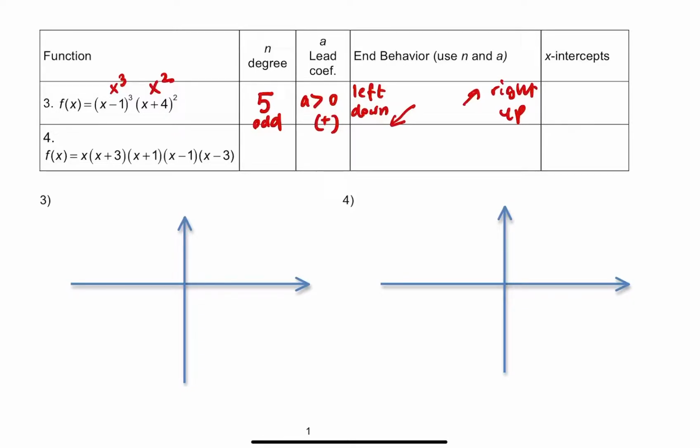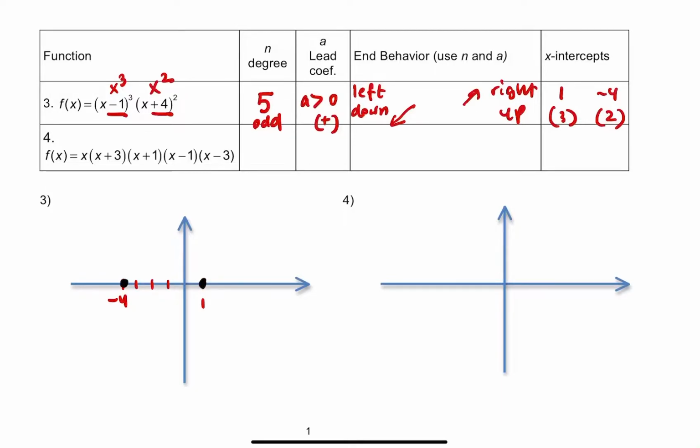And the x-intercepts in our case are positive 1, which repeats 3 times, and negative 4, which repeats twice. So I am going to plot my x-intercepts at negative 4 and 1.